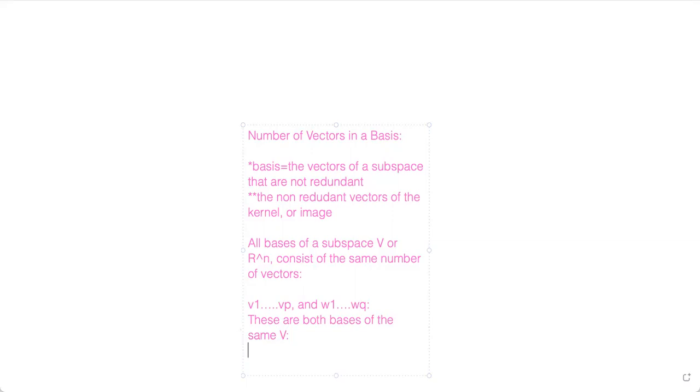So first, we can say that vectors V1 through VP are linearly independent. The reason we can say that ties back into our definition of a basis, which I'm actually going to flip back to the specific page that gives us that, just so I can have it completely clear in our mind.